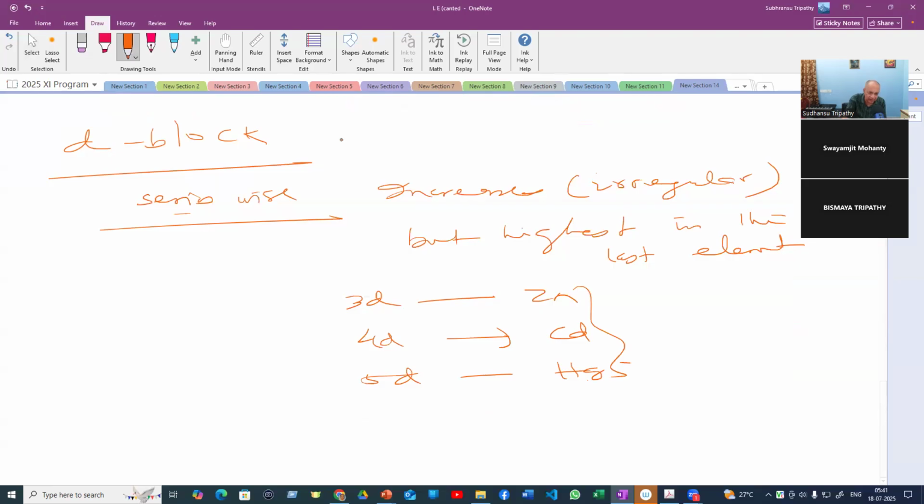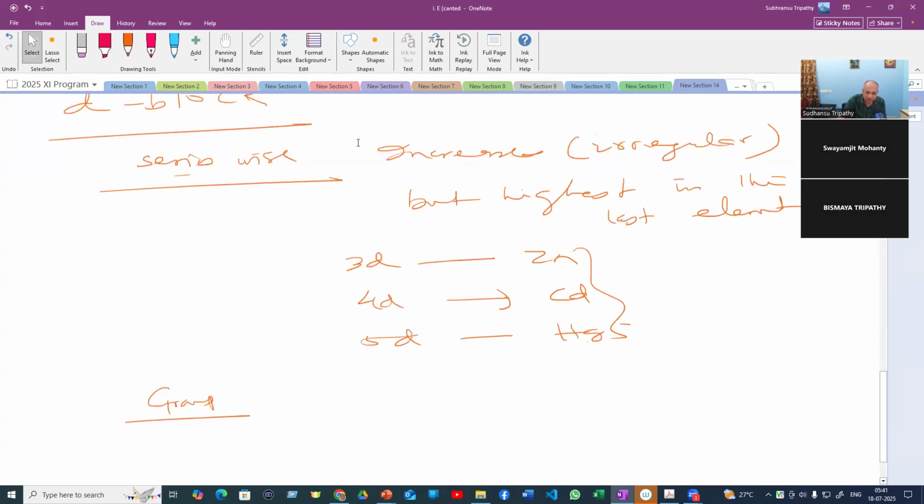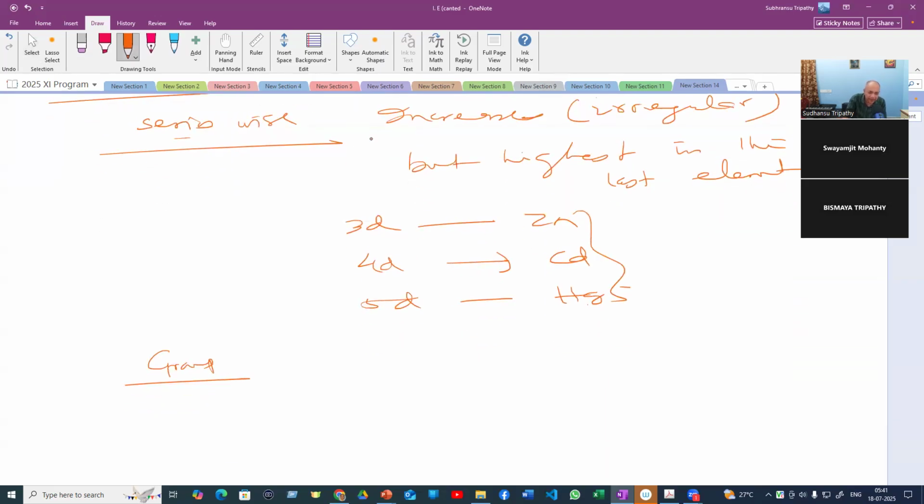Keep these three points in mind. But group wise, vanadium group, chromium group, nickel group, 5, 6, and this is 10. These groups, it increases down the group.